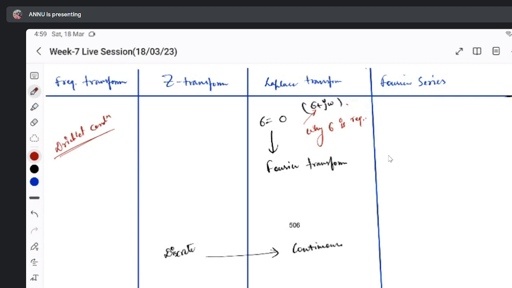Madam, I have already shared that sigma makes it stable, makes it a finite energy signal. For example, if an exponentially growing signal is there, there is no way we can have a Fourier transform for that.